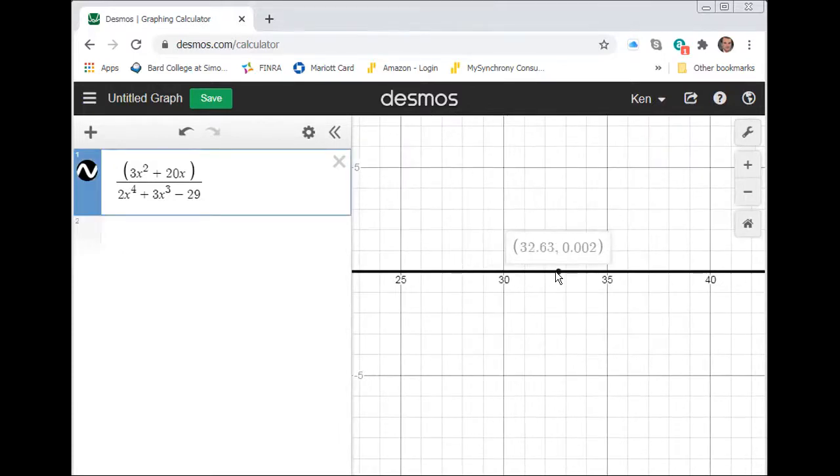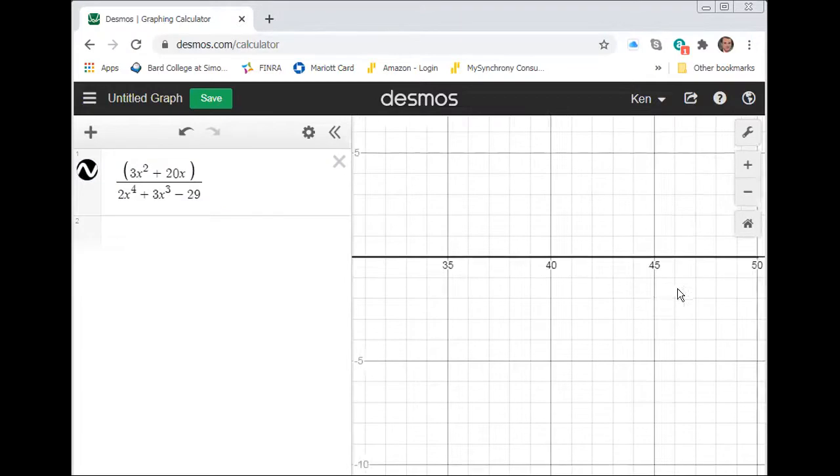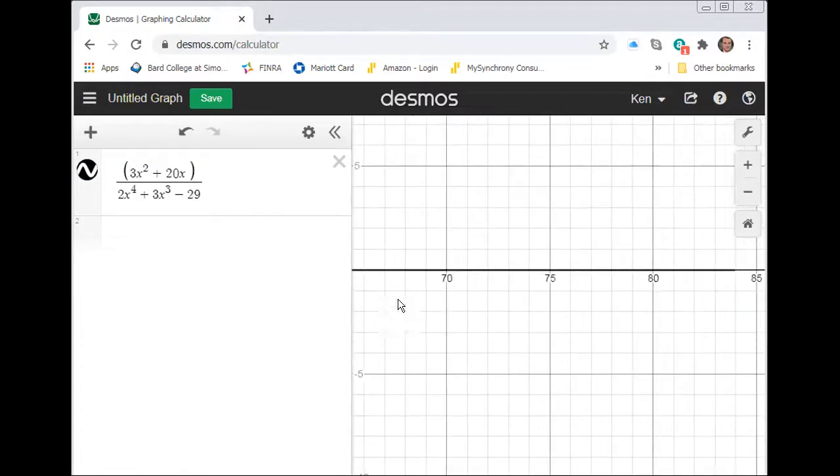Even when x is 32, we're already at 0.001, and it's just going to get closer and closer. So that 1 over 2x squared term is really doing it. Or when you phrase it this way, the 3x squared going to infinity can't beat the 2x to the 4th going to infinity. So the ratio stays close to 0.